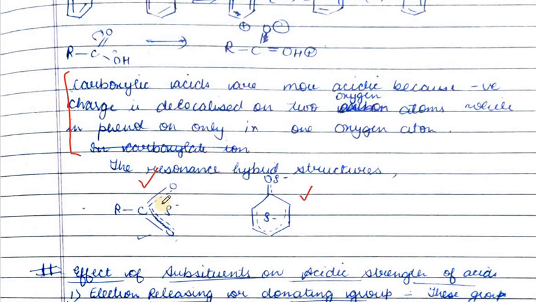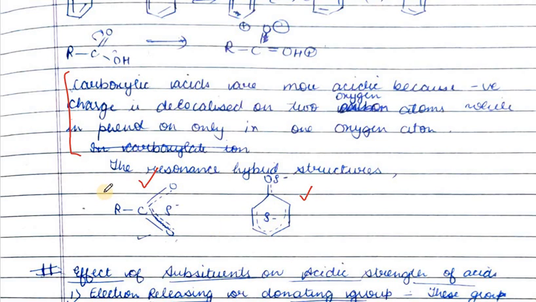So here the charge delocalization is more than in this. There are two electronegative atoms to delocalize the negative charge, but here only one electronegative atom is present to delocalize the charge. So this is more acidic and this is less acidic. So carboxylic acid has more tendency to change into carboxylate ion as compared to phenol to the phenate ion.